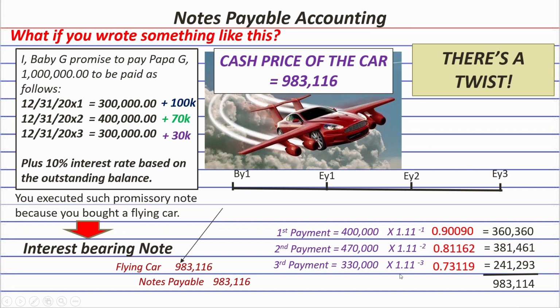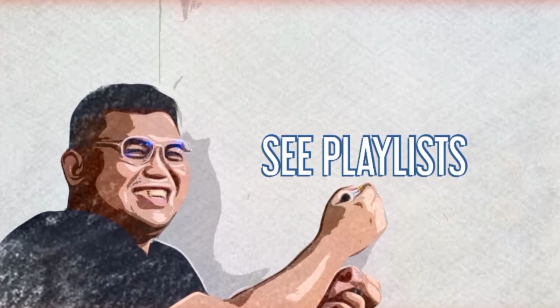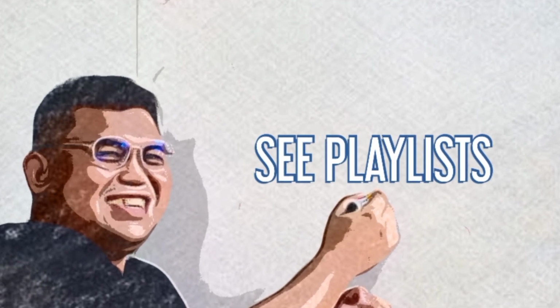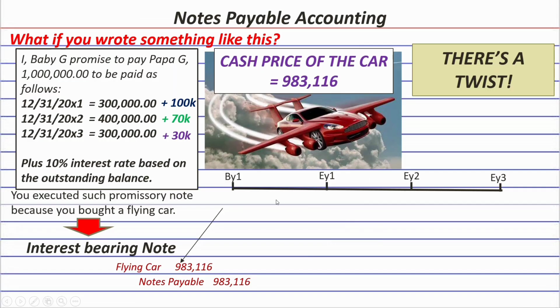Okay? So now that we have already the initial value and we also have the effective rate of 11%, we can already complete this timeline. Now, it's time to complete this timeline. So first, let's plot the initial value at the beginning of the timeline.